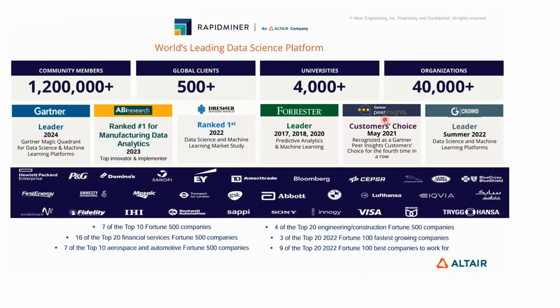So Altair has recently acquired a world-leading data science platform called RapidMiner. It has been globally used by 40,000 organizations, 4,000 universities, and 500-plus clients. And it is ranked number one in manufacturing data analytics in 2023.